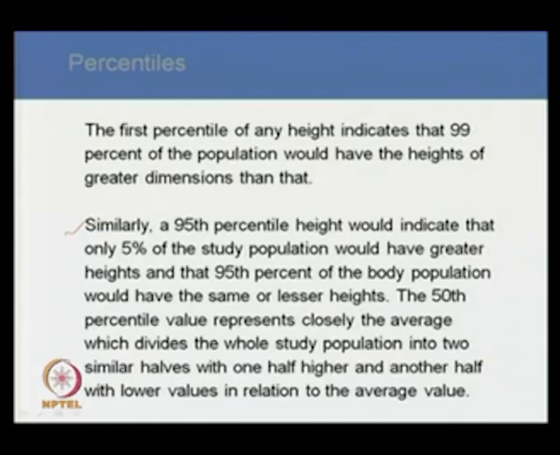The 50th percentile value represents closely the average, which divides the whole study population into two similar halves, one half higher and another half lower in relation to the average value.